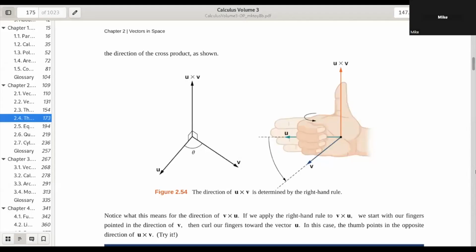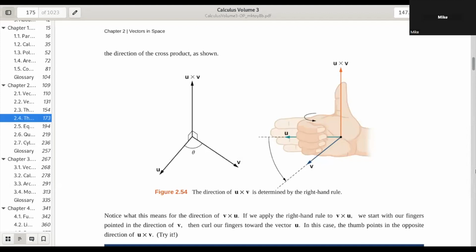Ito. Mas maganda drawing niya. So, tingnan nyo ini-sweep yung hand papunta from U to V. Tapos yung thumb, that gives you the direction of U cross V. So, right hand yan, kasi pag maraming nagkakamali dyan na left hand yung ginagamit eh.